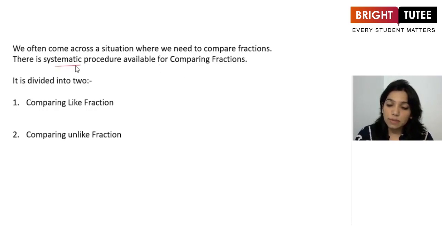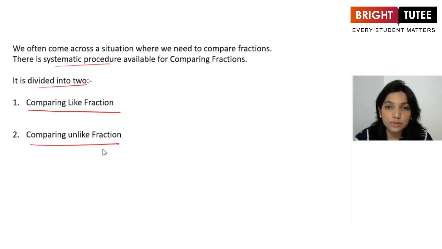This particular systematic procedure that we are going to follow, it's basically divided into 2 parts. One, when you are comparing like fractions and when you are comparing unlike fractions. Make sure that you do remember what like fractions are and what unlike fractions are.